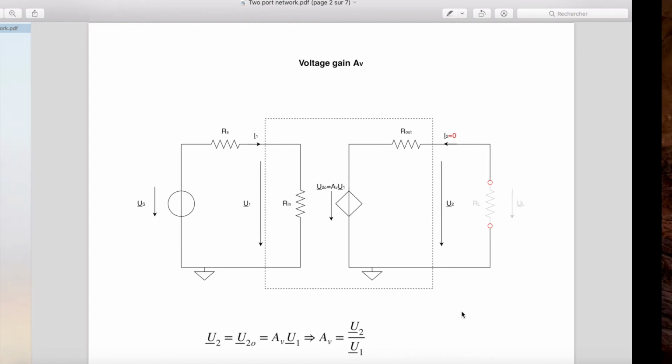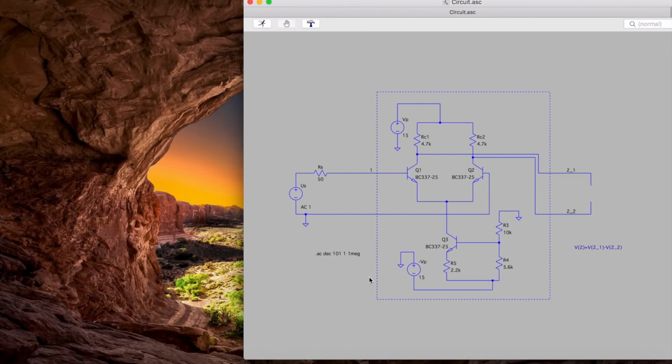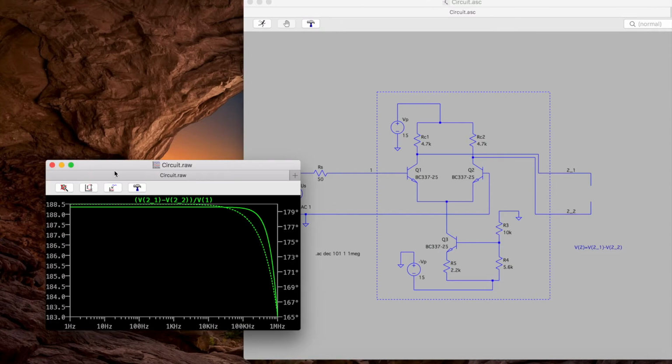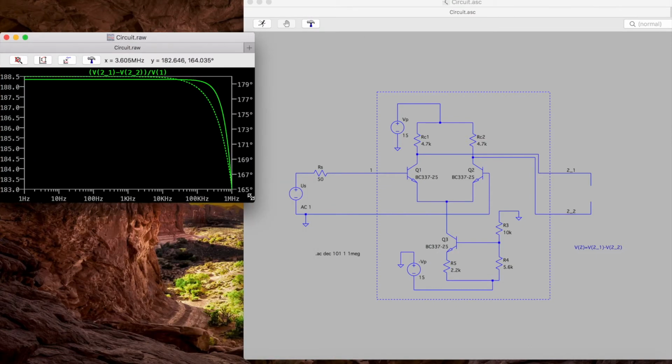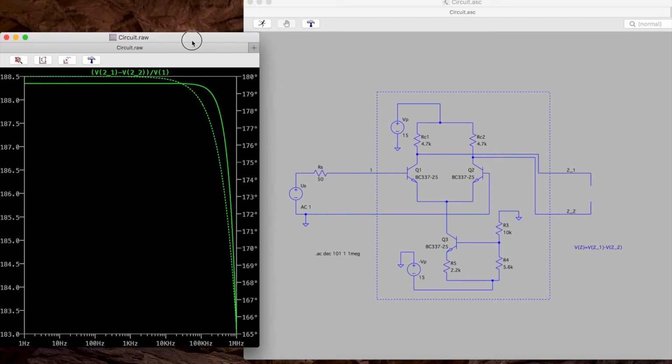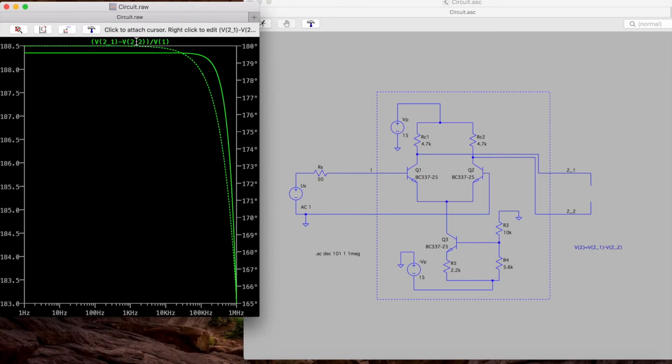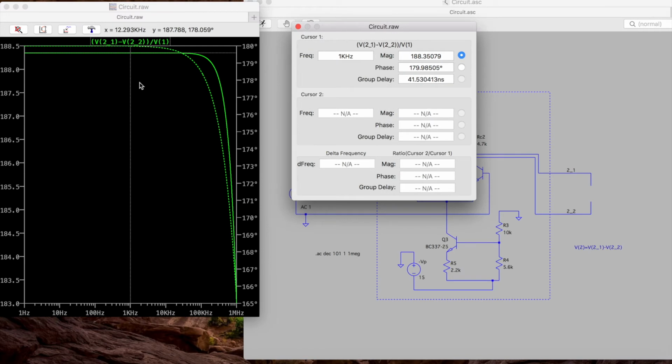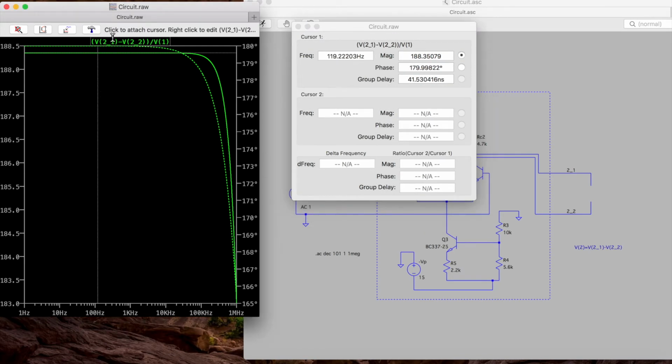Let's analyze this on our circuit. So RL is removed. And we obtain this. V2 out of V1 is equal to minus 188.